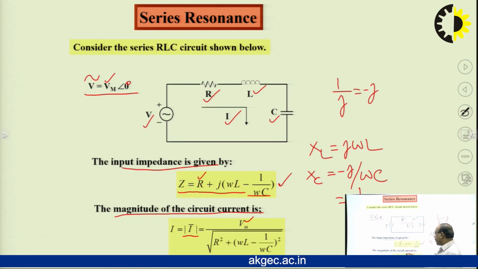So, that is under root of R square plus omega L minus 1 by omega C whole square. Since R is the real part of it and omega L minus 1 by omega C, that is the imaginary part of this impedance. So, that way this is the impedance magnitude of this circuit. So, voltage upon impedance, that becomes current. So, that way we find it.